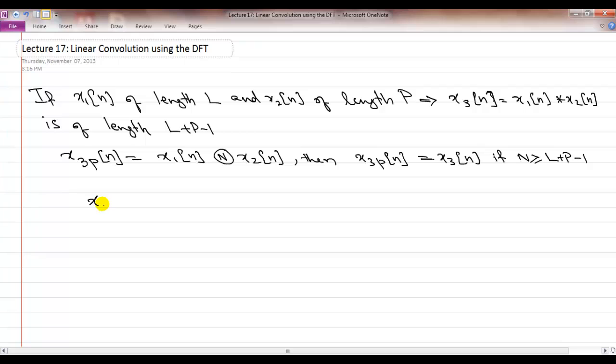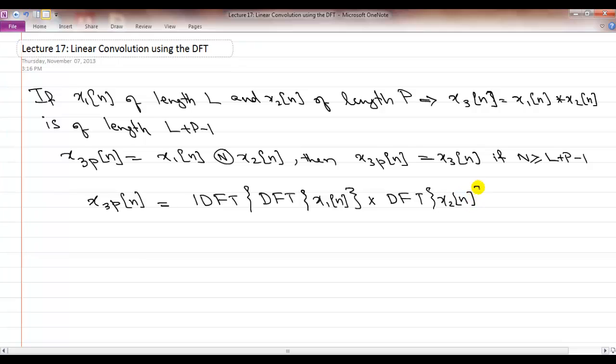So x3p[n] can be computed as IDFT of the DFT of x1[n] multiplied pointwise with the DFT of x2[n]. So that means that the linear convolution can be computed using DFT.